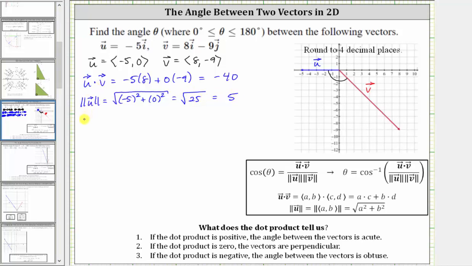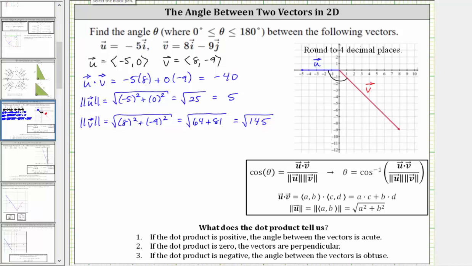And now let's find the magnitude of vector v, which is equal to the square root of the quantity 8 squared plus the square of -9, which is equal to the square root of 64 plus 81, which is equal to the square root of 145.